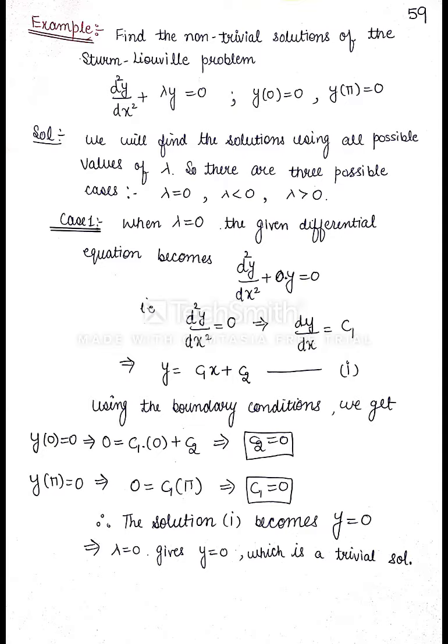Integrating twice the differential equation, we get y = c1x + c2, the general solution of the differential equation when λ is equal to 0. Now, here we have not yet substituted the conditions prescribed with the given Sturm-Liouville problem.